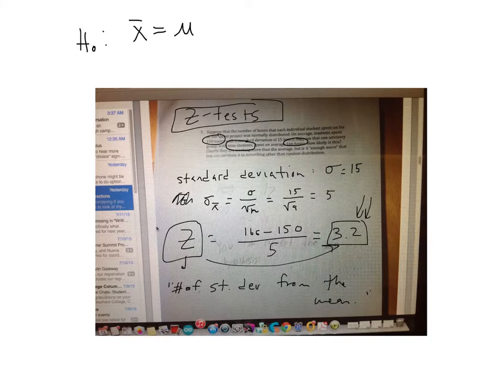That's the Greek letter mu for mean. And then the alternative hypothesis is that the sample mean that we got is greater than the mu. Now clearly it's greater than, 166 is clearly greater than 150, but we want to see, is it large enough that we cannot attribute it to just randomness?